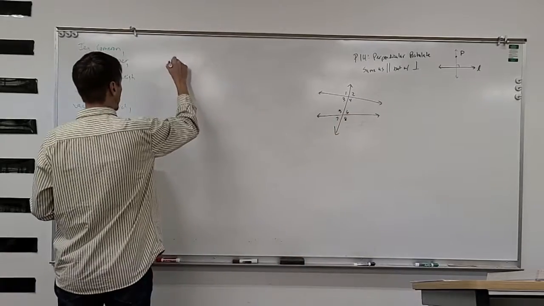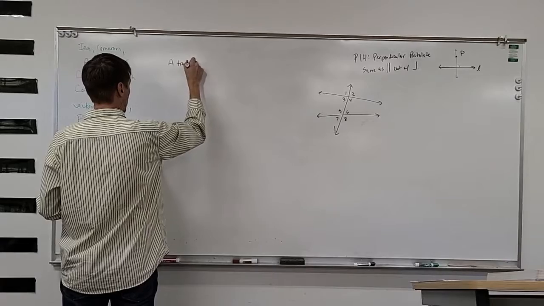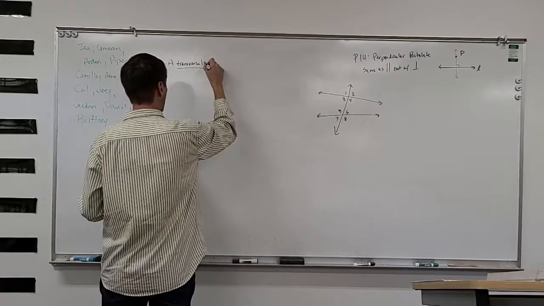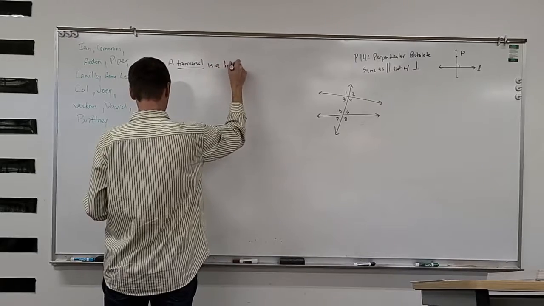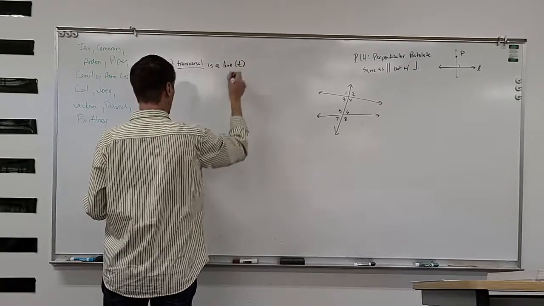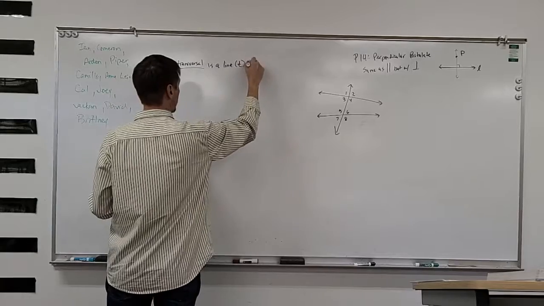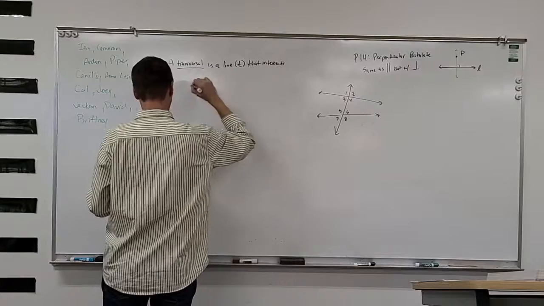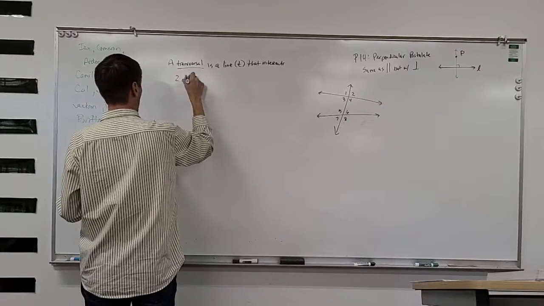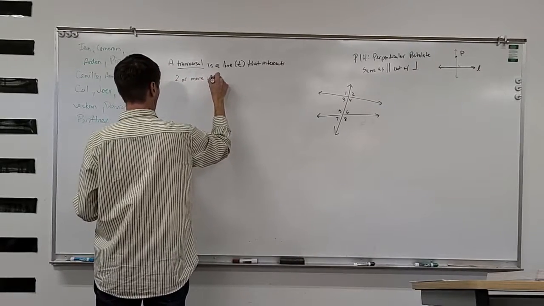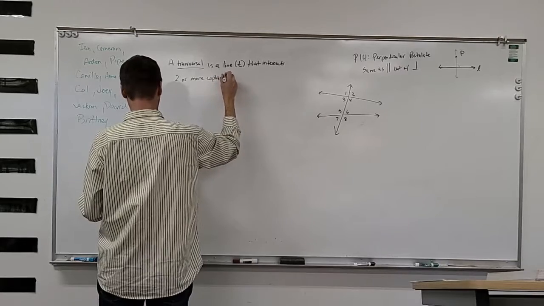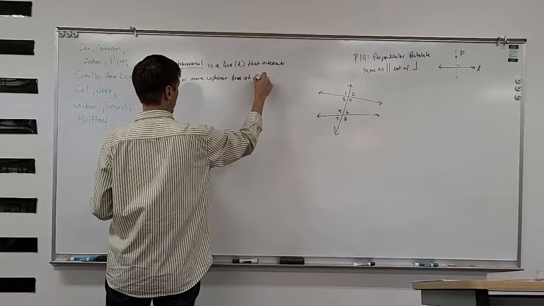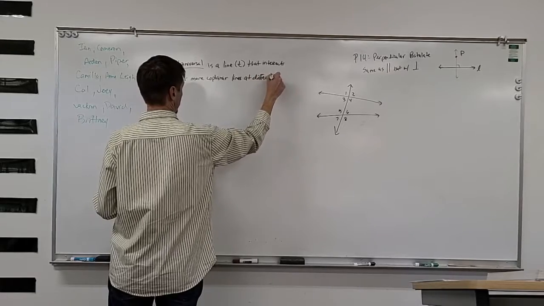And so a transversal: when we say a transversal, we mean a line, I want to call it T in my diagram, that intersects two or more coplanar lines at different points.